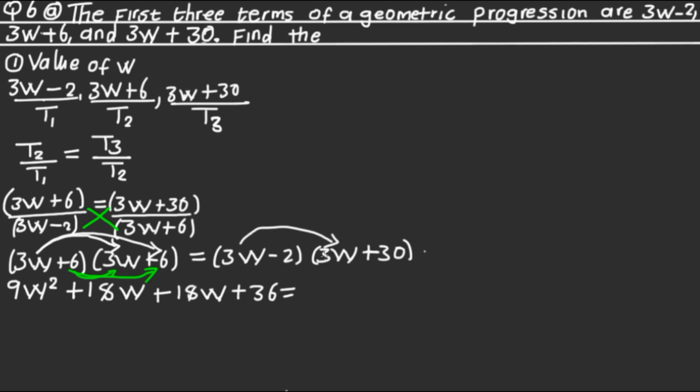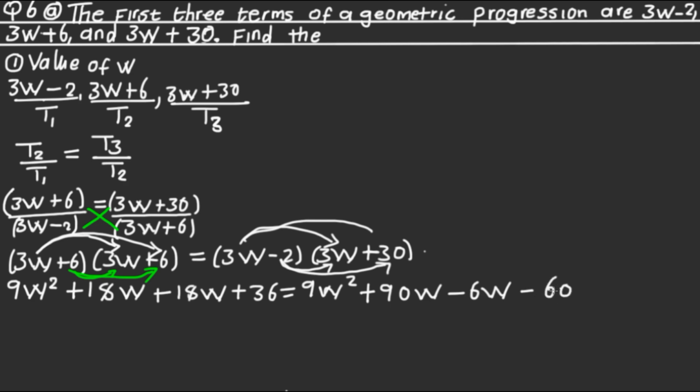3w times 3w, 9w squared. 3w times 30 will give us 90w. Then negative 2 times 3w will give us negative 6w. Then negative 2 times positive 30 will give us negative 60. Then here we can now cancel.